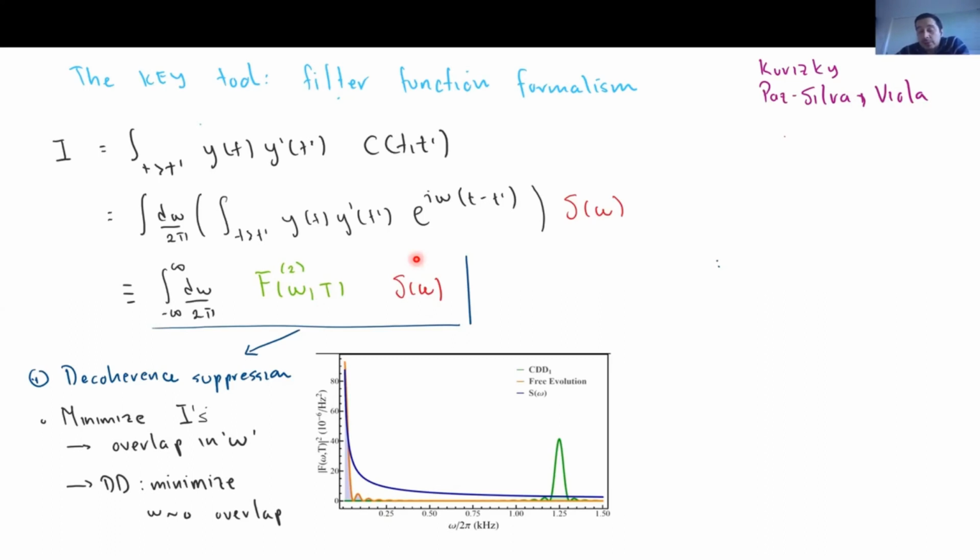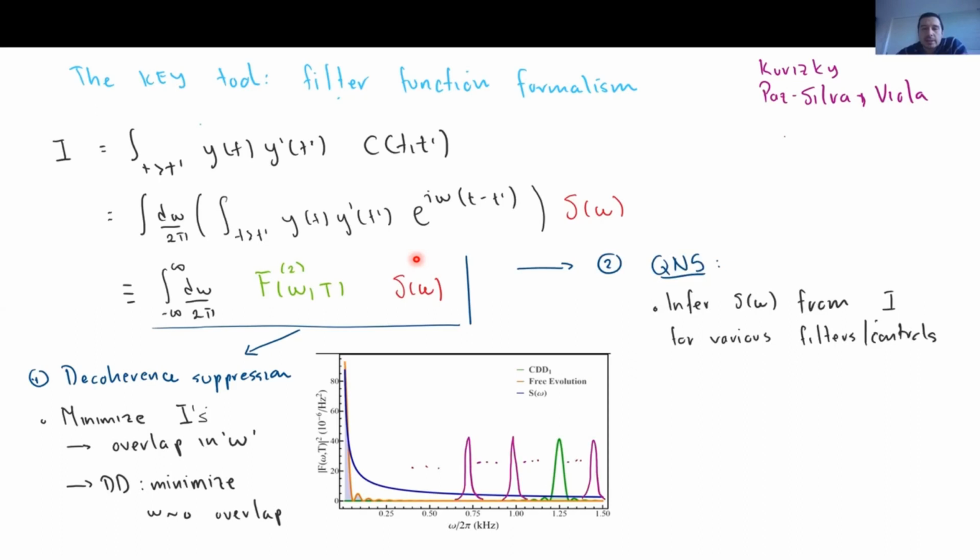You also realize that the well-known dynamical decoupling sequences are just sequences whose filter functions are very flat around the omega equals 0 regime, so they have a very small overlap with noise that is spectrally concentrated around zero frequency.